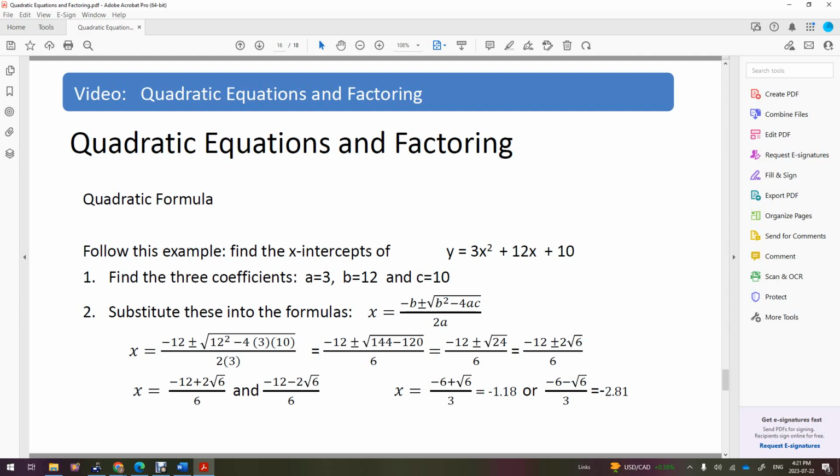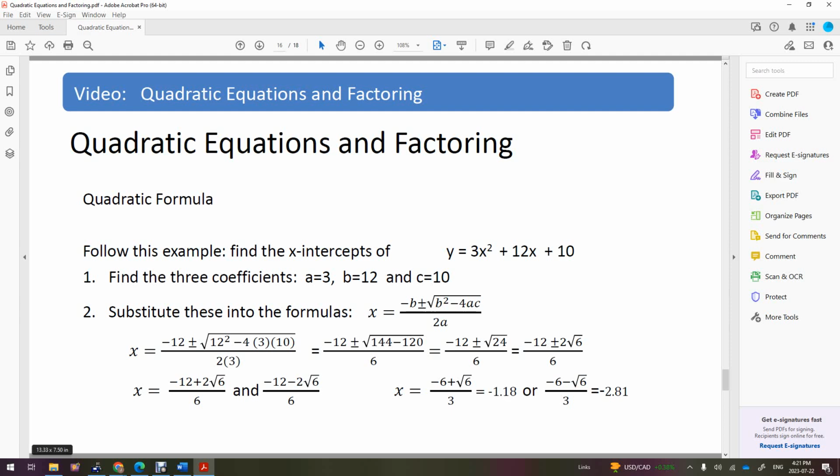We work that through: negative 12 plus or minus the square root of 144 minus 120, all divided by 6. Negative 12 plus or minus the square root of 24, all divided by 6. Negative 12 plus or minus 2 square root 6, all divided by 6.